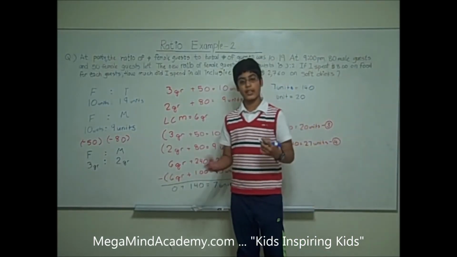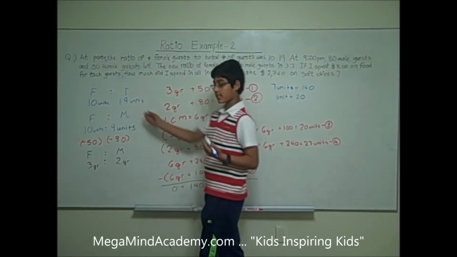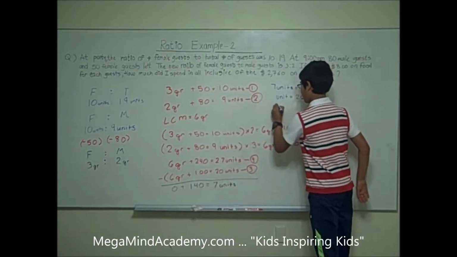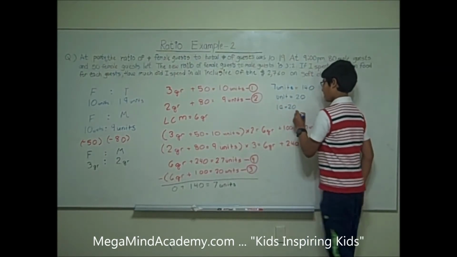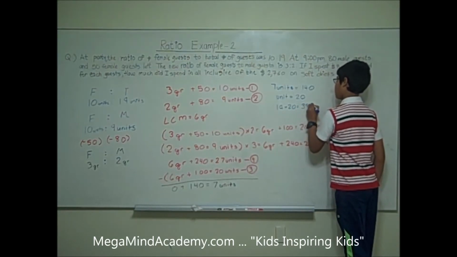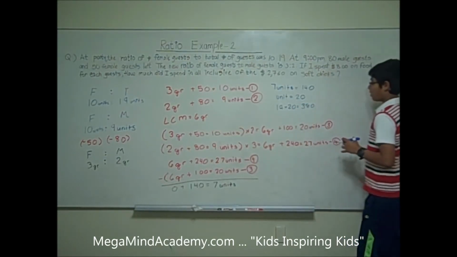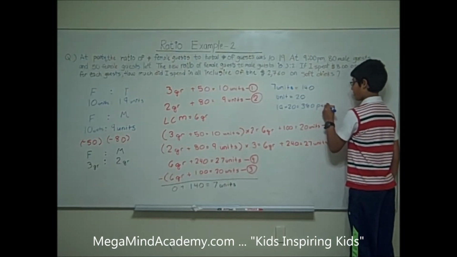Now we need to find the total number of guests in the beginning. The total number of guests in the beginning is 19 units. So 19 times 20 is equal to 380. So there were 380 people in the beginning.